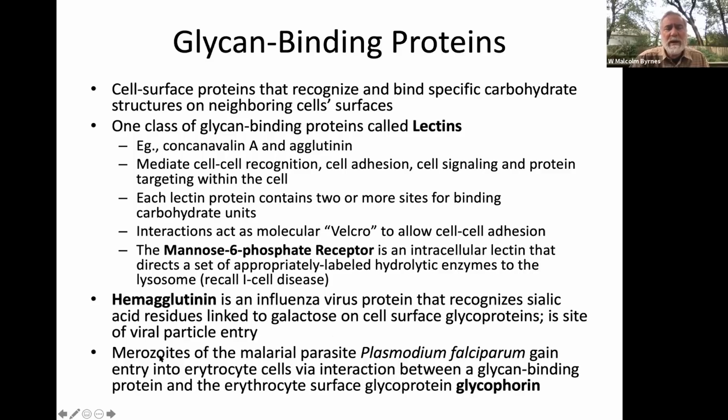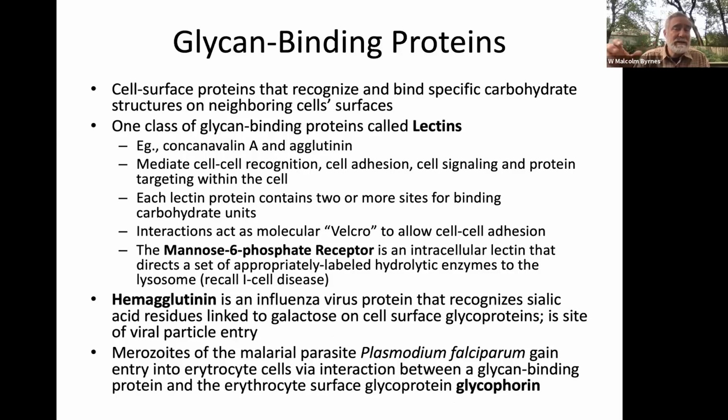And finally, merozoites of the malarial parasite Plasmodium falciparum gain entry into red blood cells via their interaction with a glycan binding protein and the erythrocyte surface glycoprotein, glycophorin. So you know how we talked about glycophorin earlier as an example of an integral membrane protein?